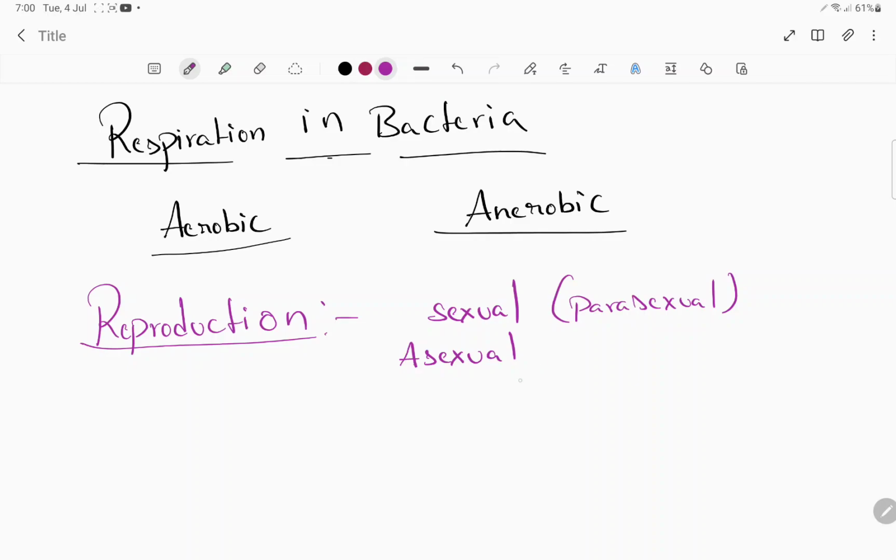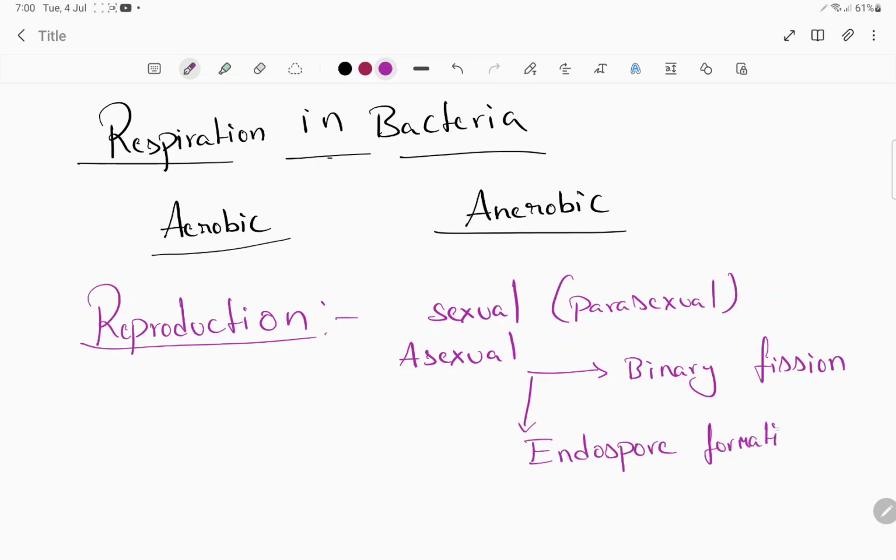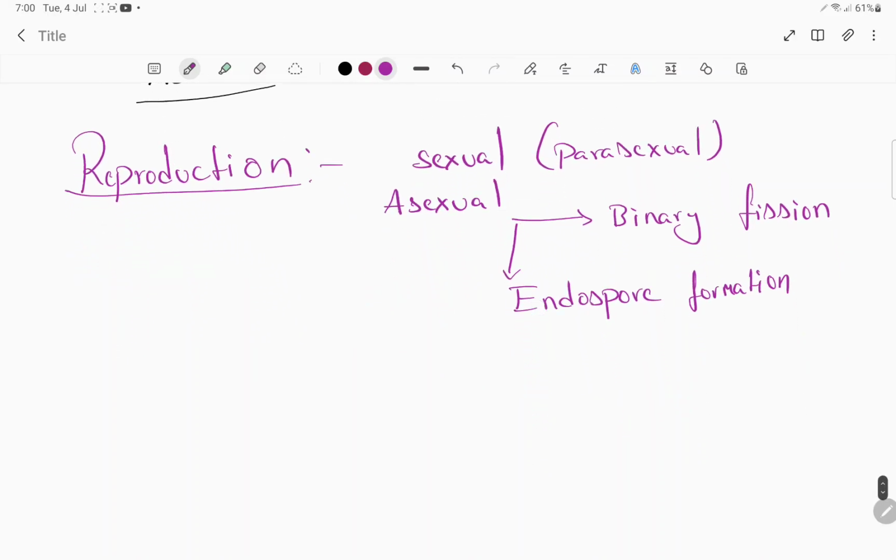Asexual reproduction occurs in two ways: binary fission and endospore formation. Bacteria mainly reproduce by binary fission. During unfavorable conditions, they produce spores. They reproduce by a sort of sexual reproduction by adopting a primitive type of DNA transfer from one bacterium to the other.